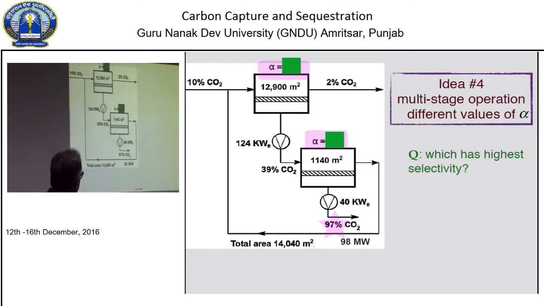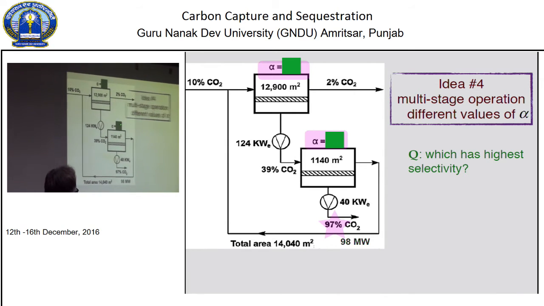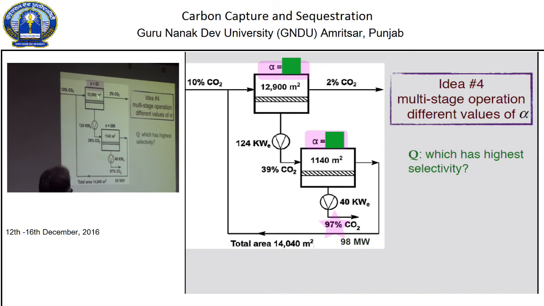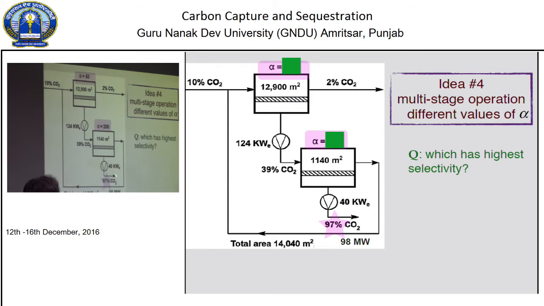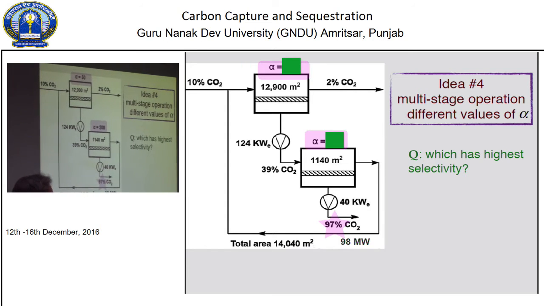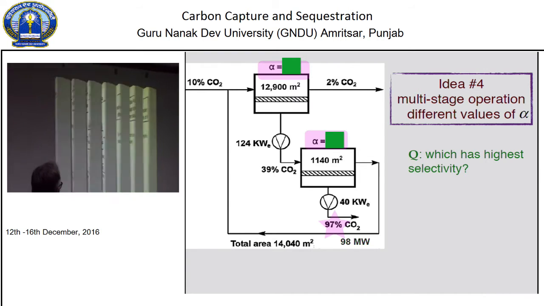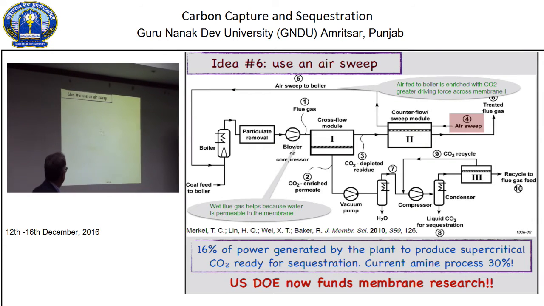And then the second thing will process a lot less gas, and so I can make the selectivity much higher. And in so doing, look, they get 97% CO2. This number is normalized to a different unit, so don't pay attention to that, but you do get 97% CO2.